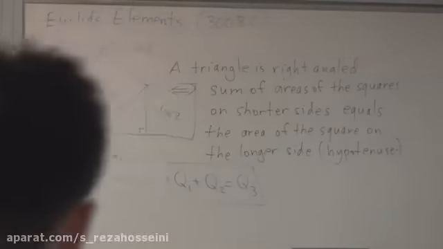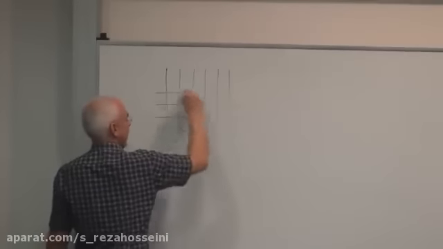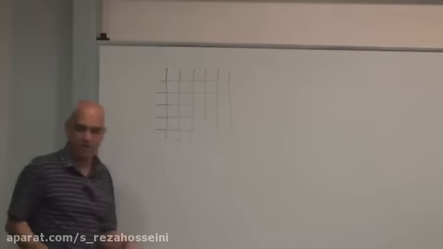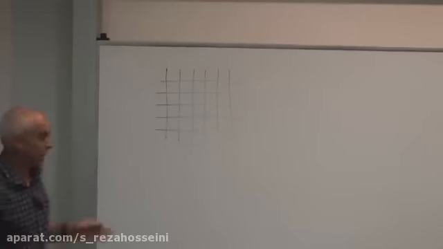So suppose we're working in a more modern framework. The Greeks did not think this way, but let's work in a grid plane, a piece of graph paper. So we're really introducing coordinates here. We can think of a coordinate system, 0, 1, 2, 3, and so on, X and Y coordinates.